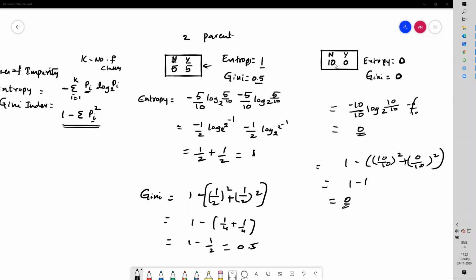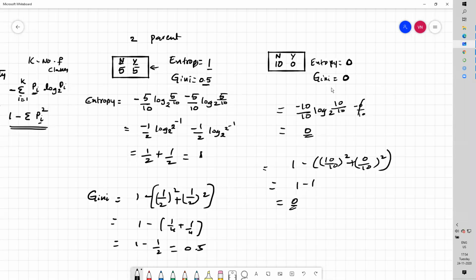All the observations belong to the same class in that node. When entropy is 1, the node is an impure node. An equal number of observations belong to both the classes. So that's how we define a perfectly pure node and a perfectly impure node.